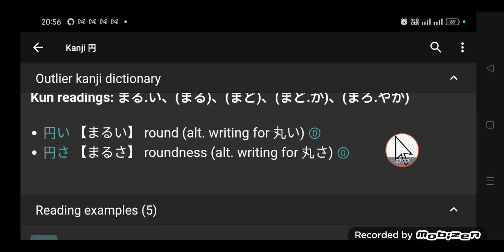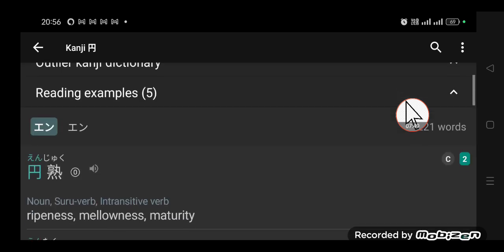But here we have marui, meaning round, and marusa. So how to change the adjective into its noun form? Simply drop the rightmost i and replace it with sa. So marui, round, has the noun form marusa, meaning roundness. It becomes a noun.